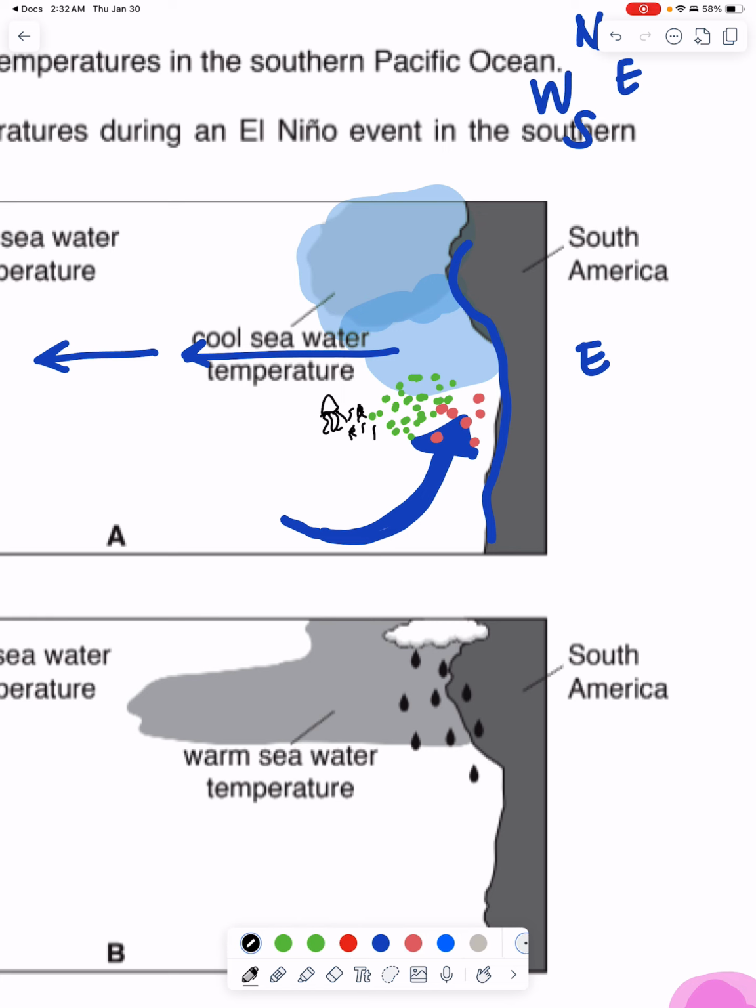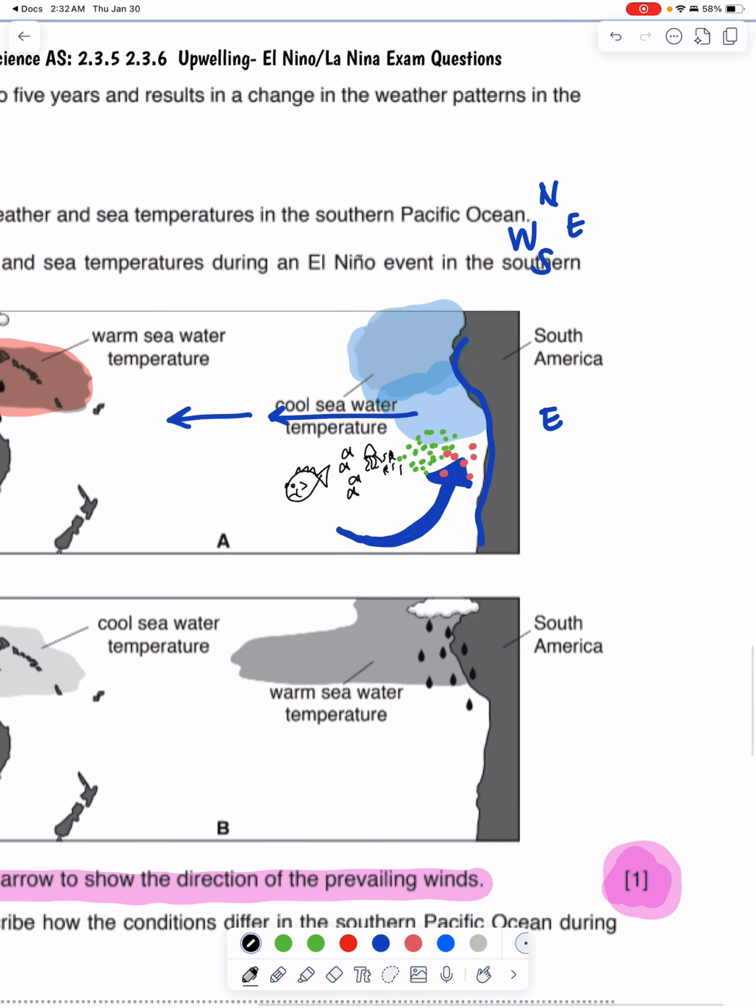We'll also have a lot of small fish here. This is where a lot of our anchovies come from, and sardines. And again, you'll also have larger fish, and your predators.